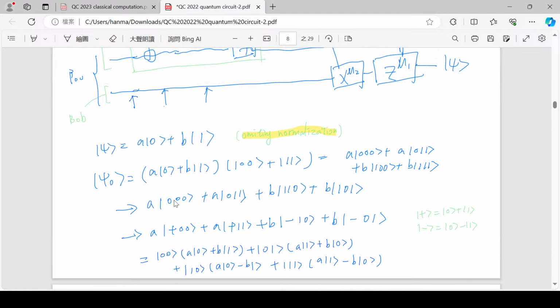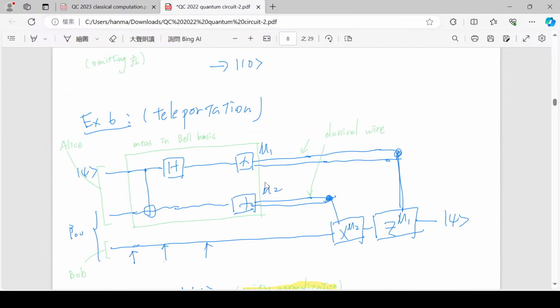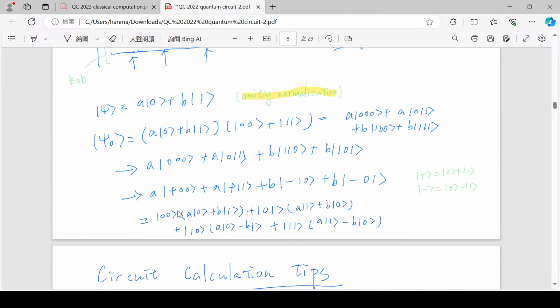The first qubit: 0 becomes plus and 1 becomes minus, and you expand it out. You are going to have a state here, so it's going to be 000 and 100, etc. We skip the middle step, but we just do counting, and then we group together what the first 2 qubits are in the standard basis.